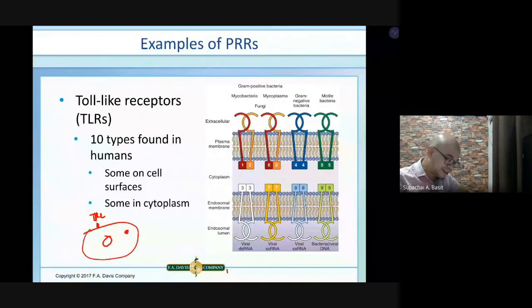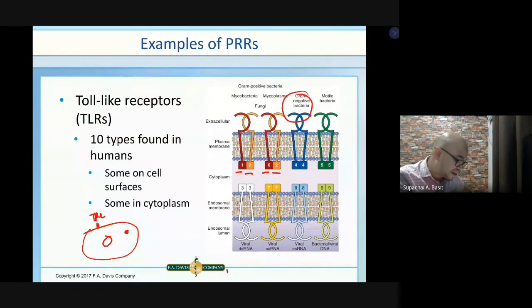As you can see in the illustration, we have TLRs that are designed for fungi, gram-negative bacteria, and even motile bacteria.